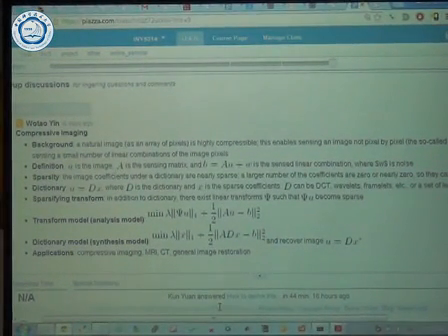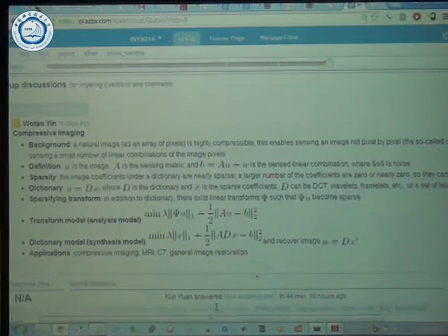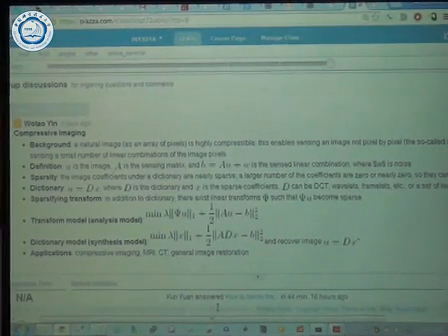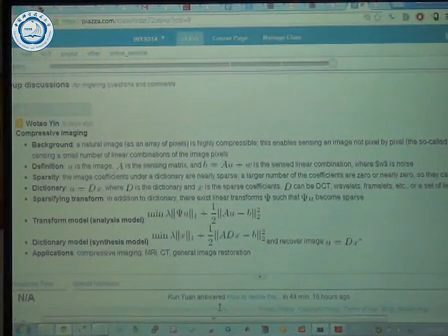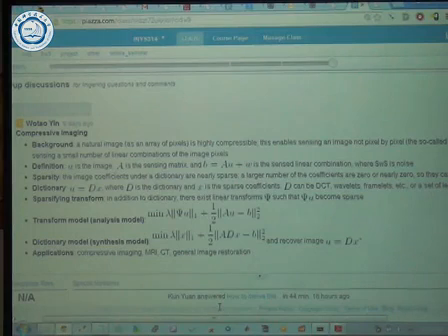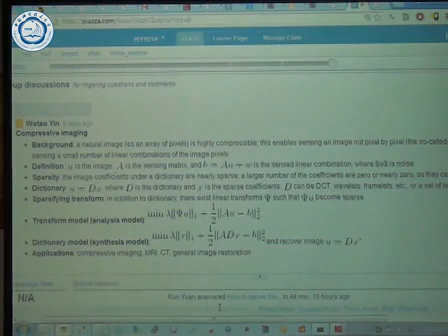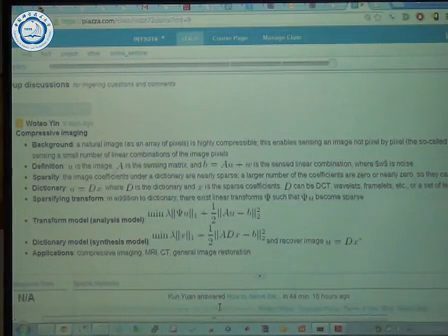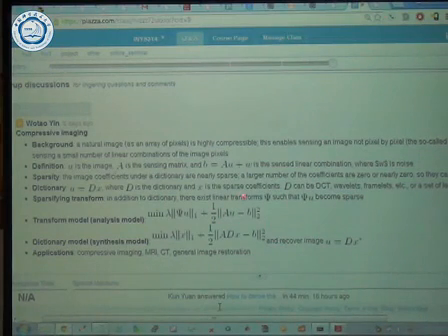And you may also have problems with a low resolution image. You want to create a high resolution image out of it, or you have a low resolution video, and you want to somehow combine the neighbor frames to create high resolution images, and those will also correspond to some kind of different operators A. All right.